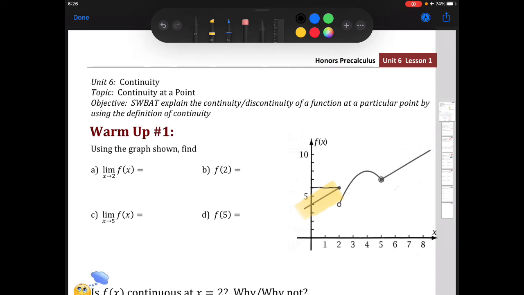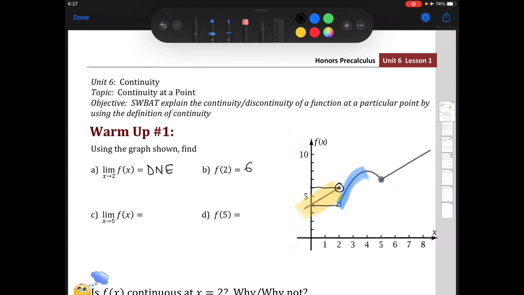And from the right, if I was to trace it, as x is approaching 2, y is approaching 4. So the left is not equal to the right, so this does not exist, right? B, f of 2. f of 2 would be this point because it's a filled circle, so this is 6.